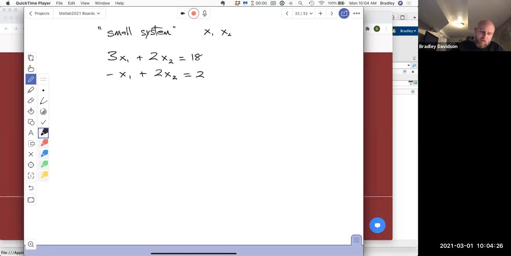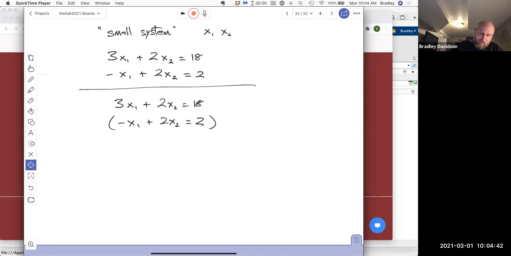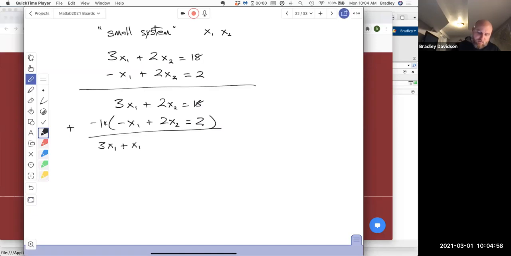That's where we would put this into a form where 3x1 plus 2x2 is equal to 18. And then below that, put that same equation, so plus 2x2 from above. And then I want to eliminate my x2 from this equation. So to do that, I would multiply the second row by a -1. And then when I add these rows together, I get 3x1 plus x1.